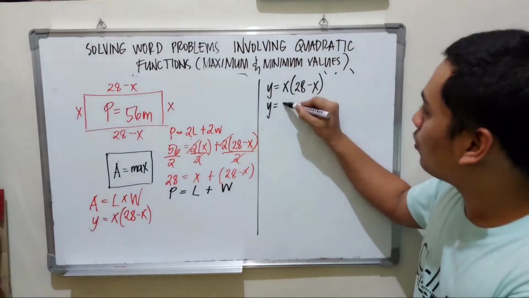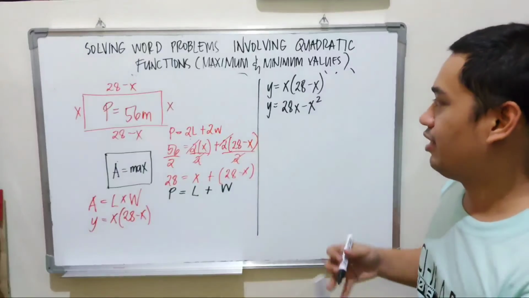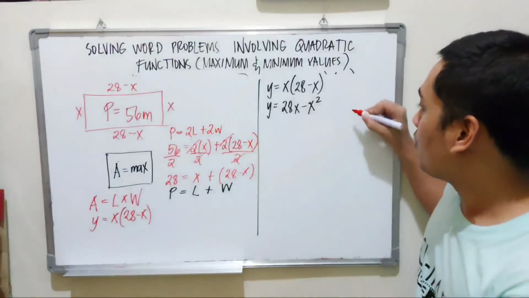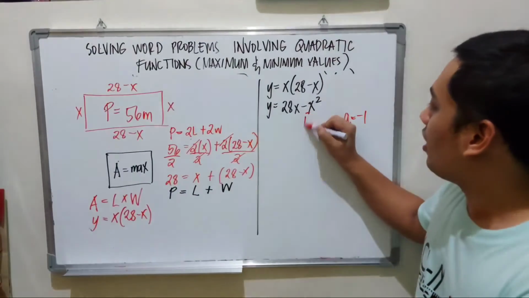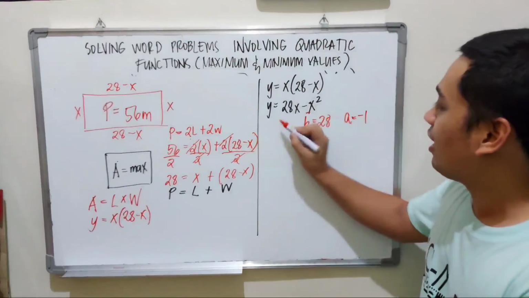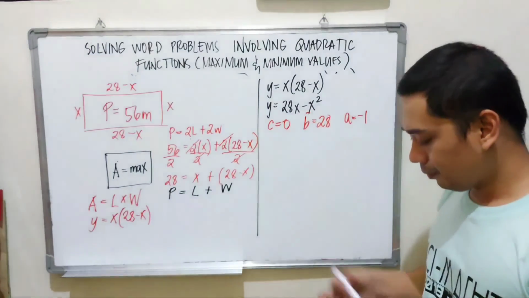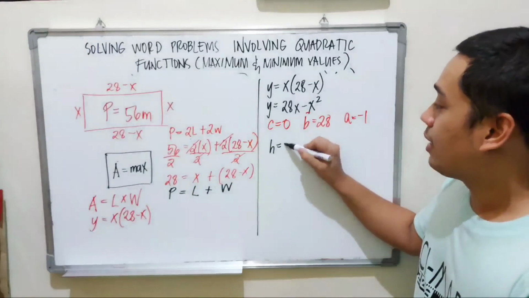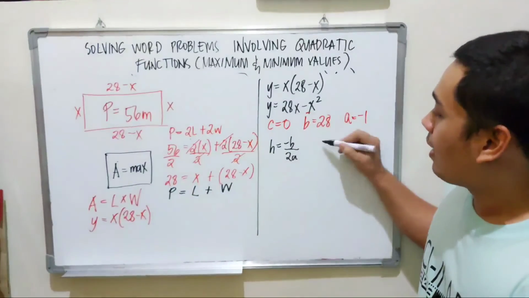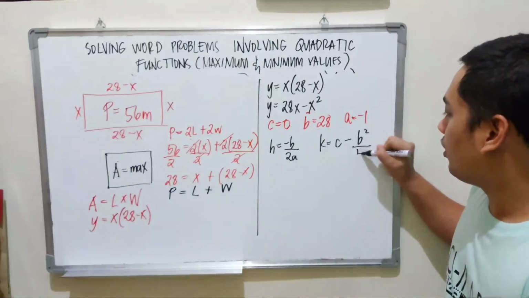Y is equal to 28x minus x squared. Now, we have the value of a, -1, the value of b, 28, and the value of c, wala naman siya, so 0. And solve for the value of h, which is -b over 2a, and the value of k na c minus b squared over 4a.